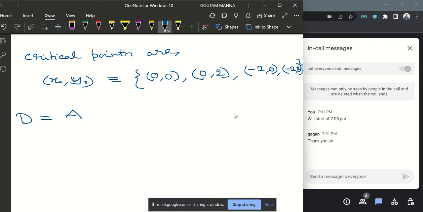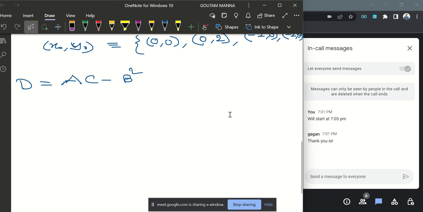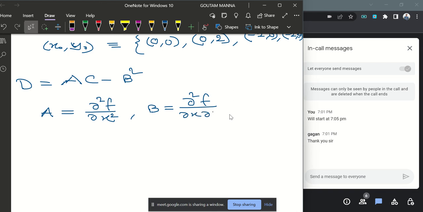So D is AC minus B square, where A is del 2F del x2, B is del 2F del x del y, and C is del 2F del y2.